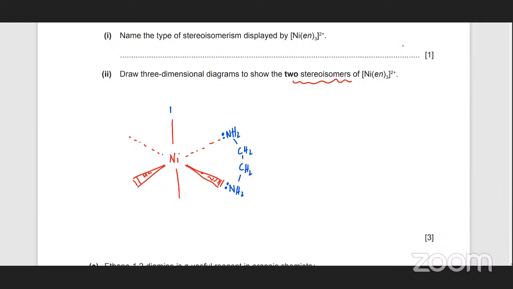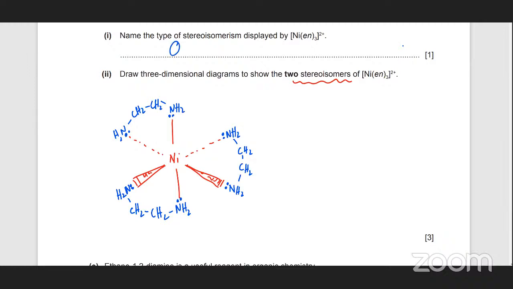Then another bidentate en would be attached over here. There's going to be NH2, and it would have CH2s attached to it. And then there's going to be another one which is NH2. And then here there's a CH2, another CH2, and the lone pair is getting attached. That's the first type of isomerism.